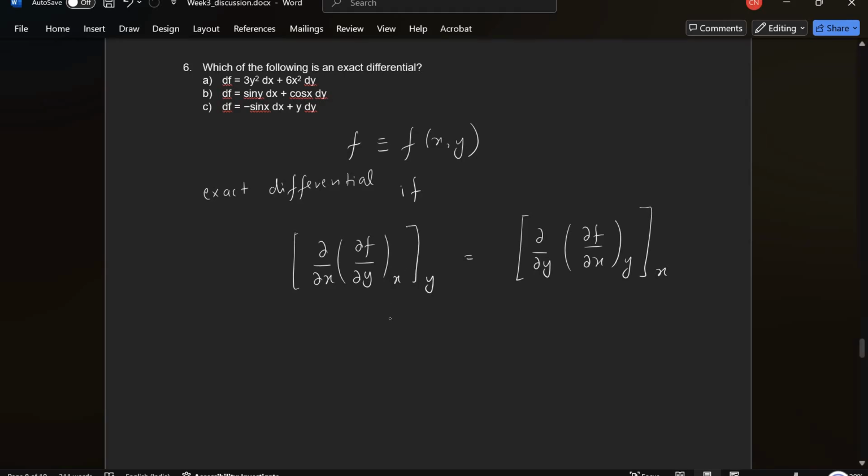We have something different. We have the total differential form, where we have del f by del y at constant x dy plus del f by del x at constant y dx.